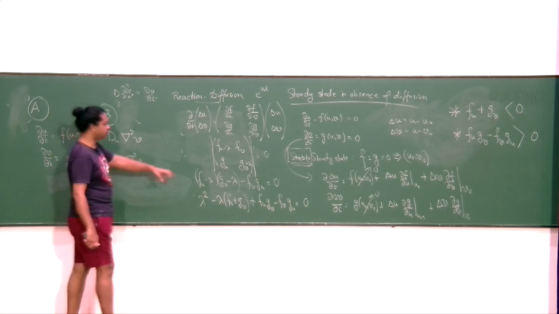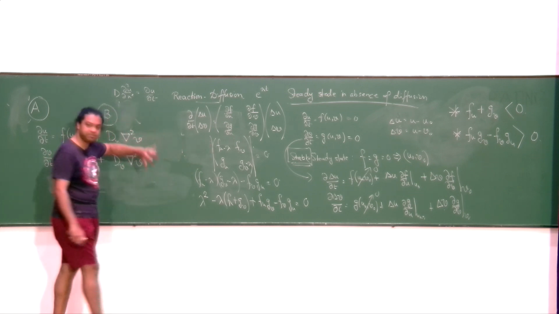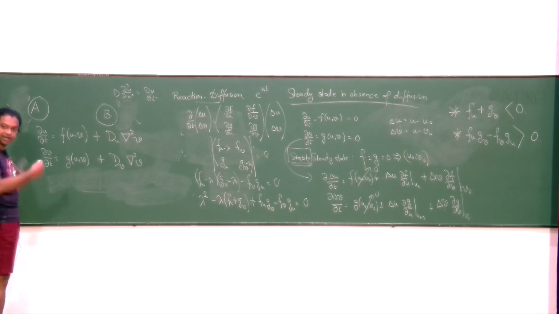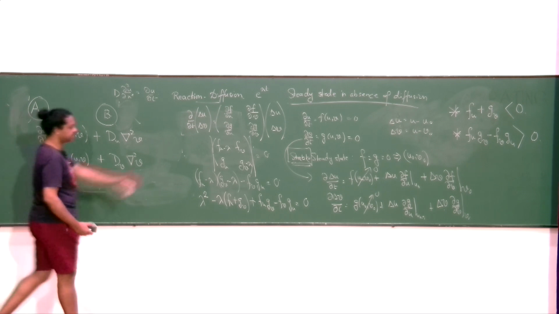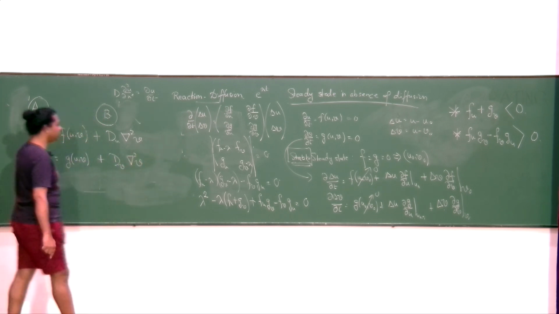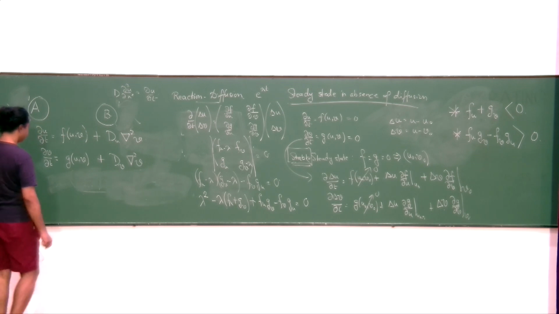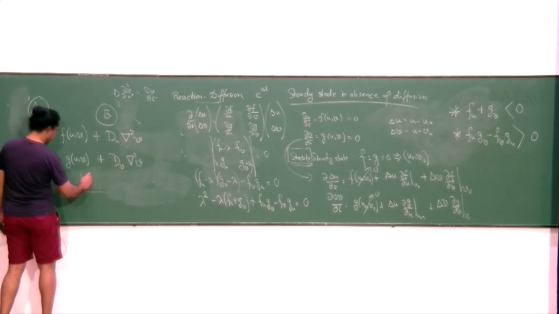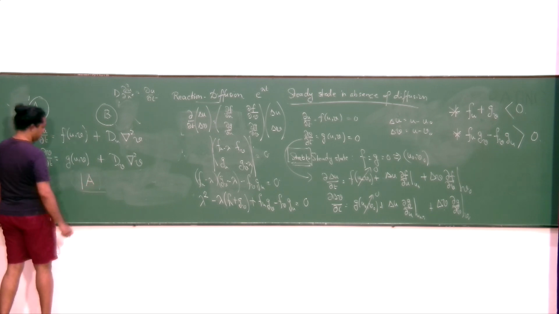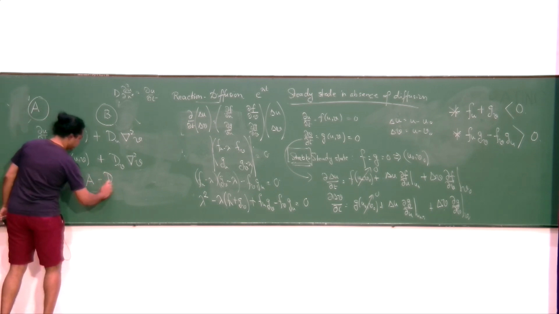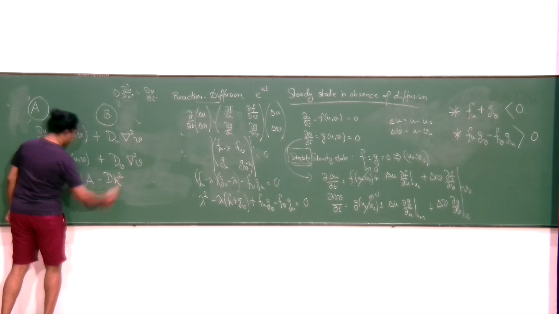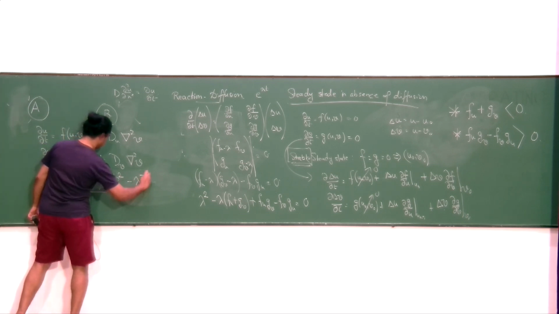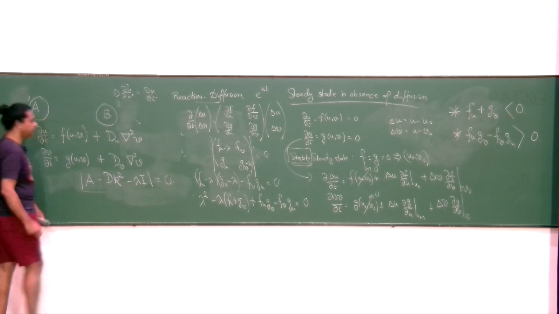Okay, I found it in the absence of diffusion. Now I want to do the same thing in the presence of diffusion, and therefore, again, we'll linearize about this steady state f of u naught v naught, and in that case, the characteristic equation is this stability matrix A minus a D times k square, and then of course minus lambda times the identity matrix is equal to 0.